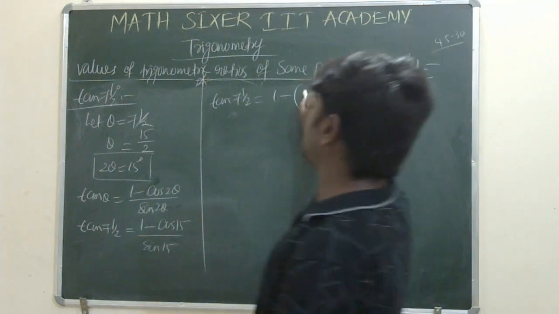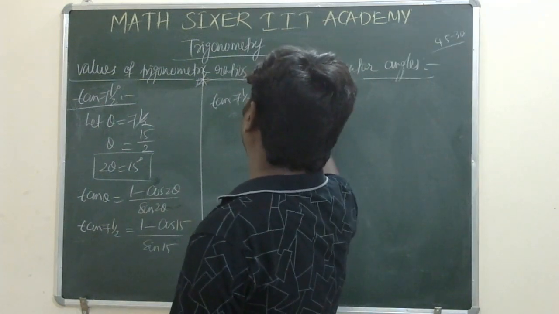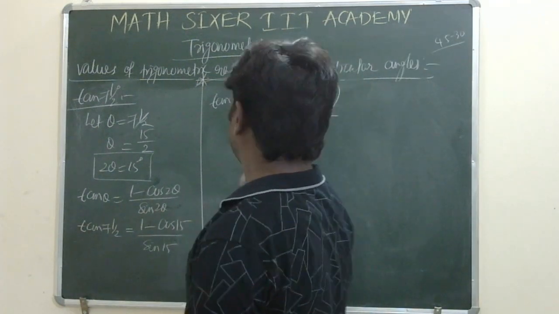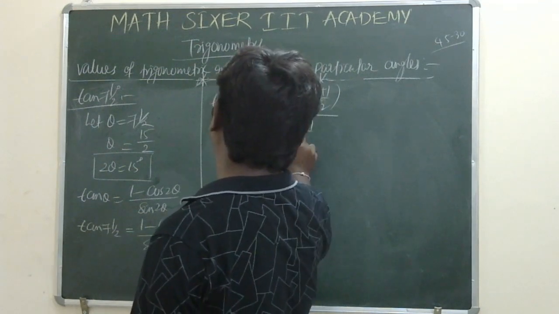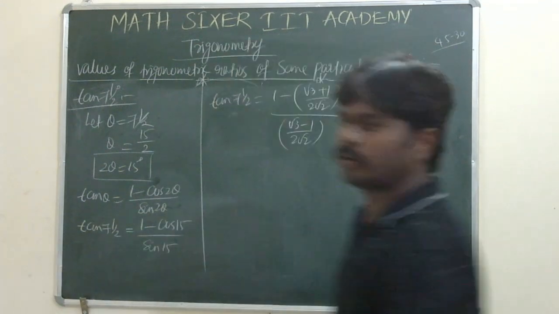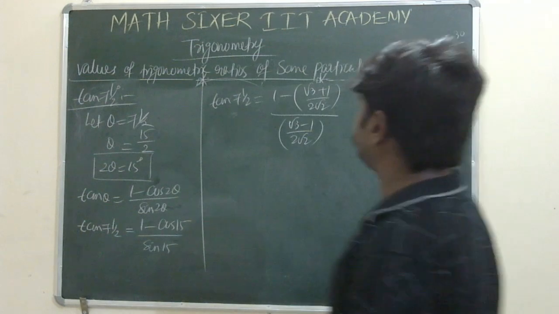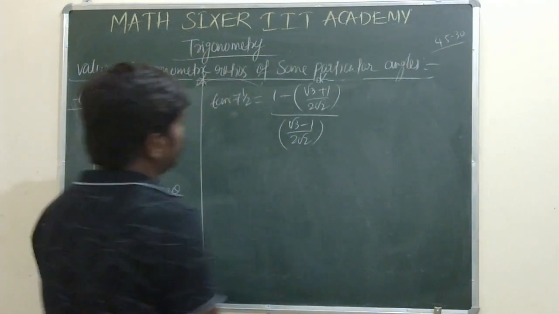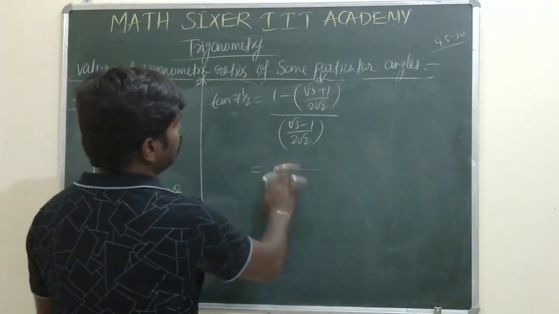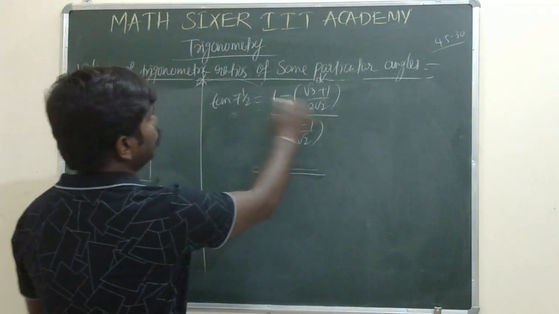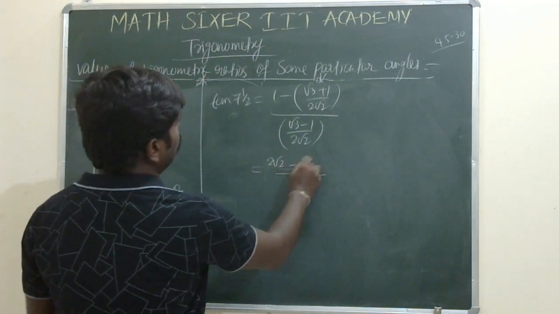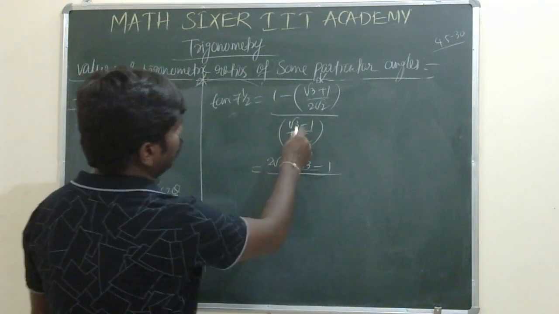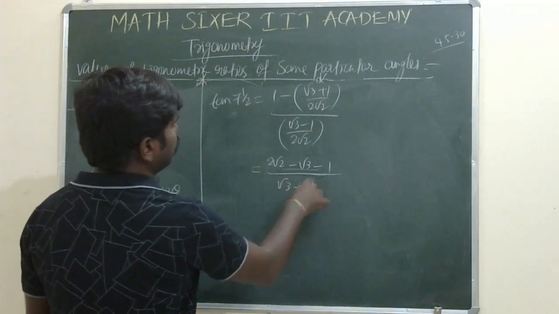Cos 15 is root 3 plus 1 by 2 root 2, and sin 15 is root 3 minus 1 by 2 root 2. Now we have to take the LCM, which is 2 root 2. So we get 2 root 2 minus root 3 minus 1, divided by root 3 minus 1.